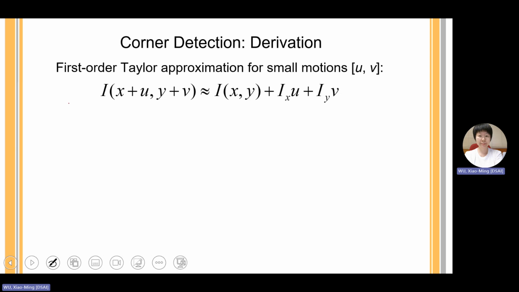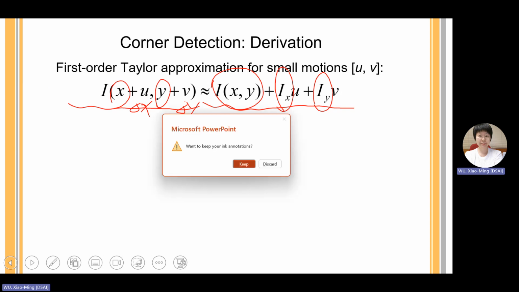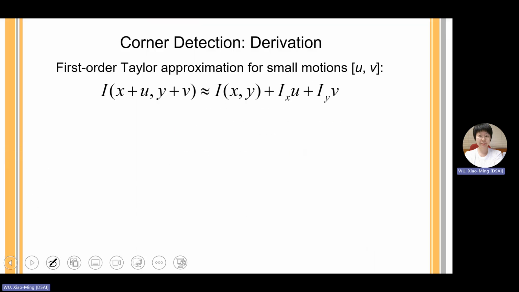We assume this is a two-dimensional function with respect to x and y, where x and y are variables, and u and v are delta x and delta y. When u and v are small, this function can be approximated by its Taylor expansion, using the first order x derivative and y derivative.